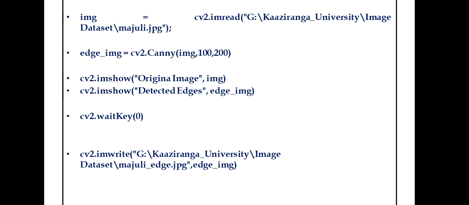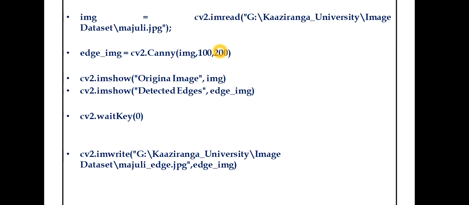Now after getting the input image, we'll apply the Canny edge detector. For that, edge_image = cv2.Canny(image, 100, 200).